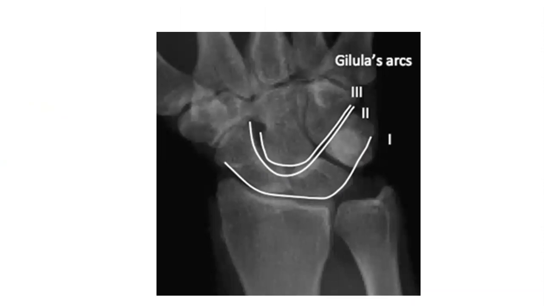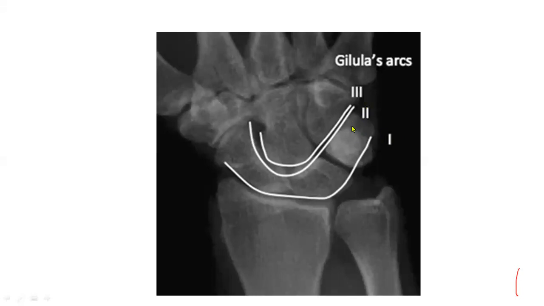Another thing which we can assess and observe is known as the Gilula arcs, or Gilula lines. Basically, these are three lines which can be seen on the PA radiograph. The proximal borders of the scaphoid, the lunate, and the third bone on the ulnar side make Gilula line 1.